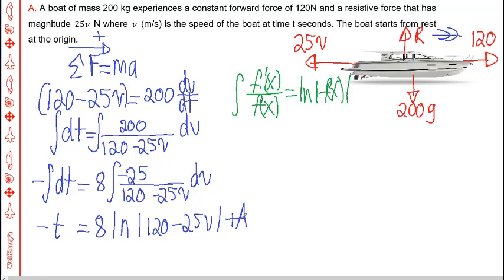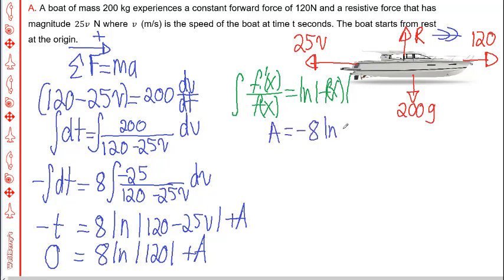Now in order to find a, we're told the boat starts from rest at the origin. So when time is 0, the velocity is 0. That's going to become a ln 120, that's going to be 0, plus a. Therefore, a is minus 8 ln 120.